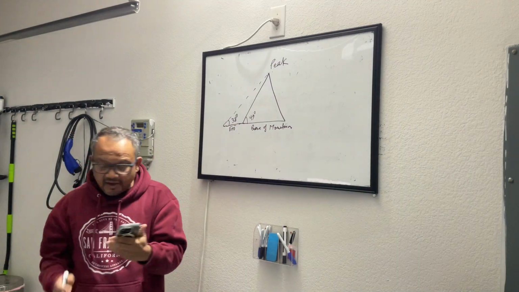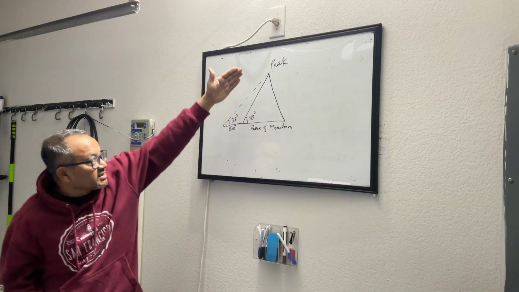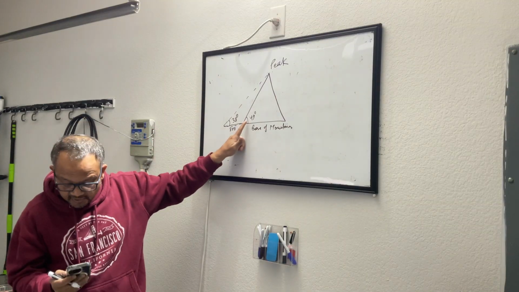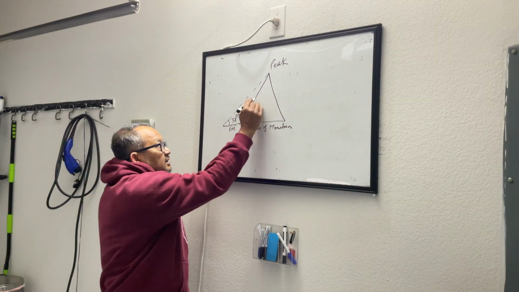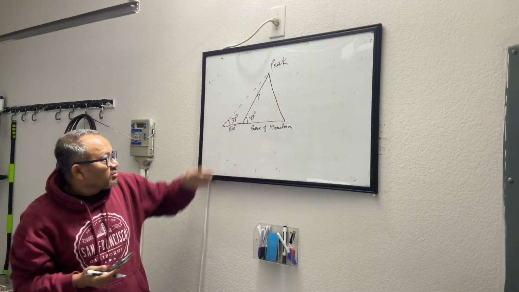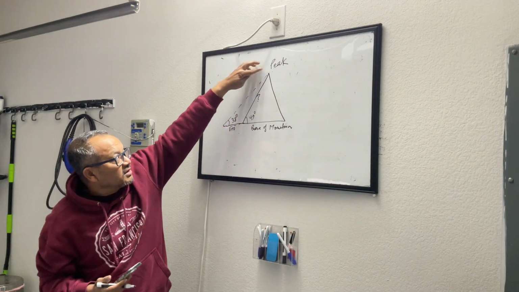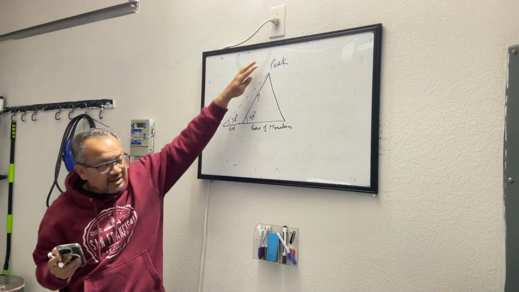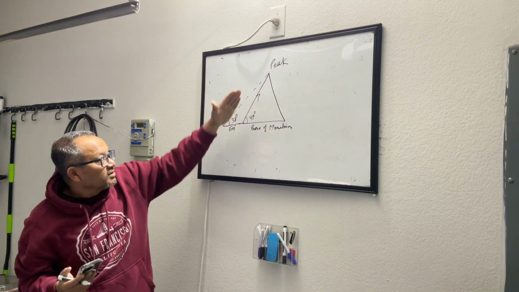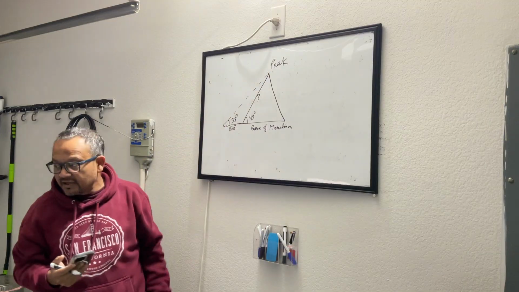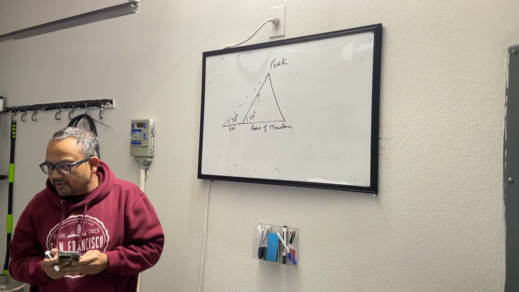Okay, now we have a picture here. You can see there's a triangle. Here you see 49 degrees. And there's a question mark on this slanted side. This is written as peak, and this is the base of a mountain. So this triangle that you see is probably a mountain. That's what I'm trying to depict.